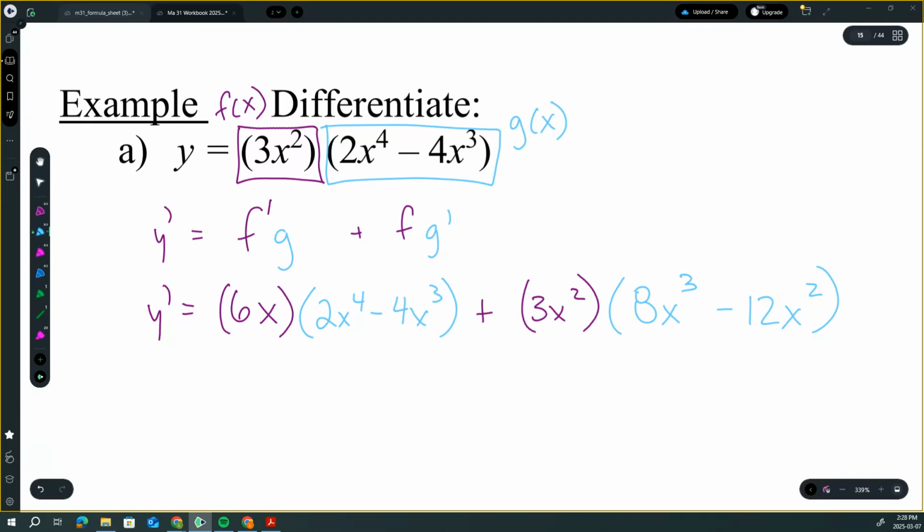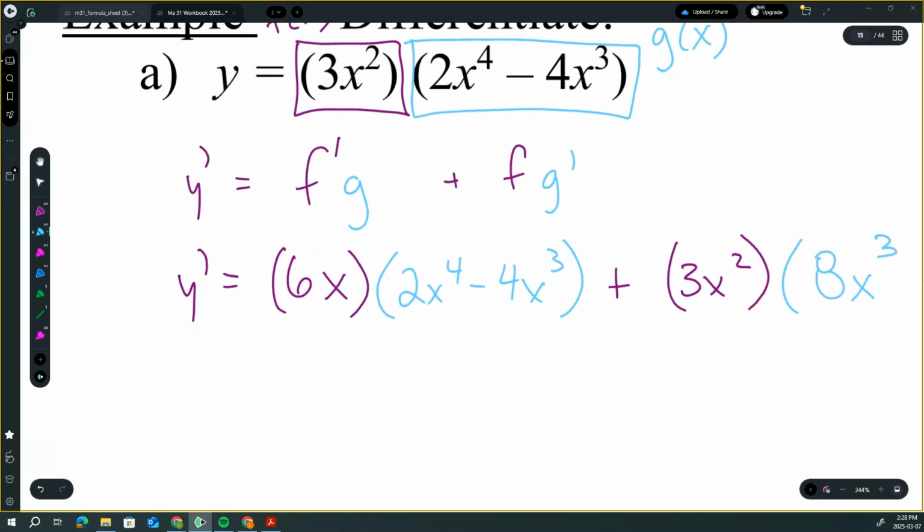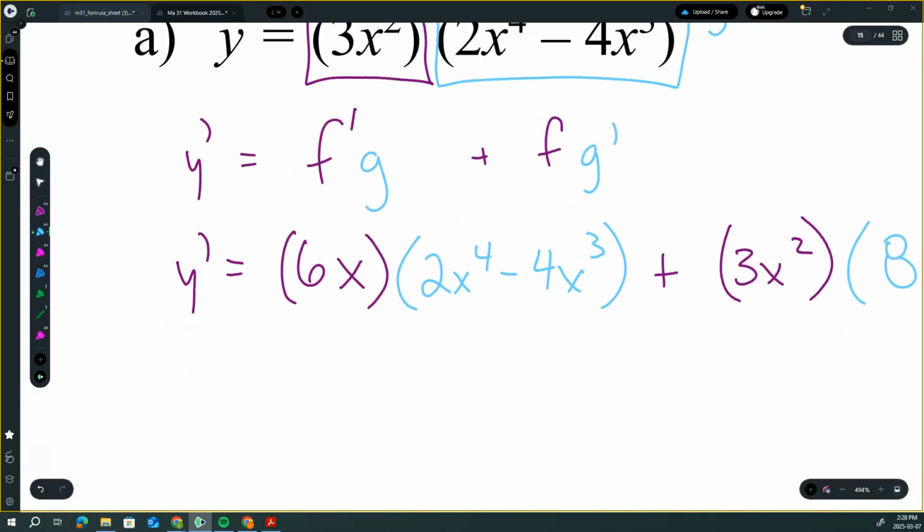Okay, and at this point here, because it's a fairly simple expression, I'm going to multiply out the monomials. Okay, so I'm just distributing the monomials through here.